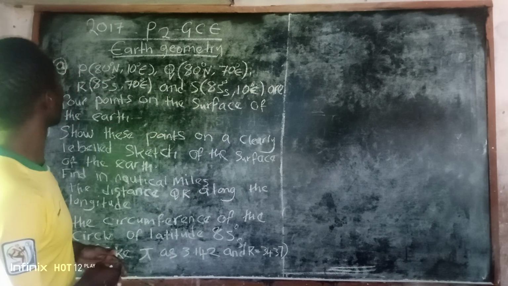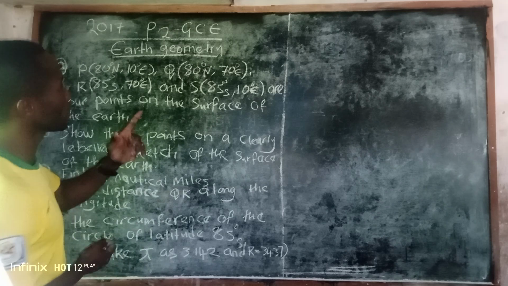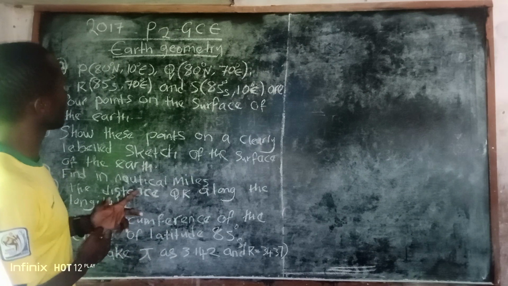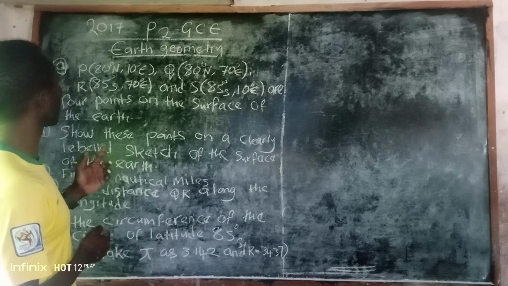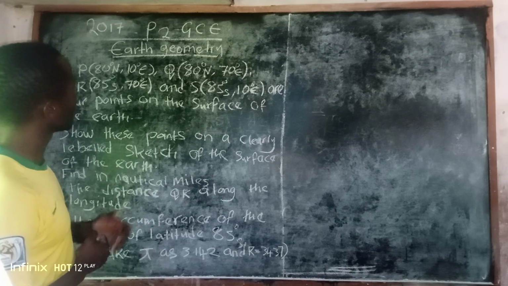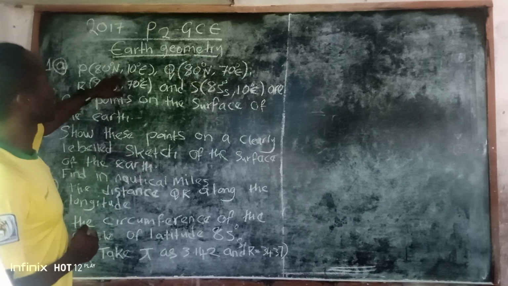All points lie north, east or south. What is going to determine the number of longitude lines and latitude lines are the points that we are given.